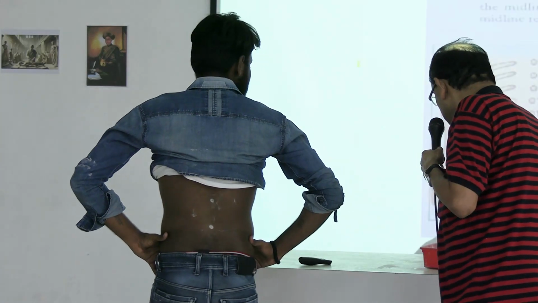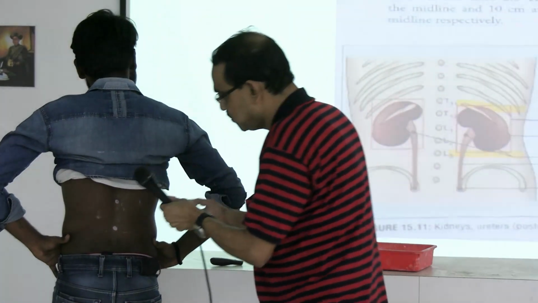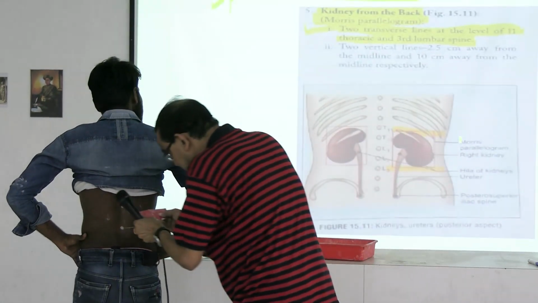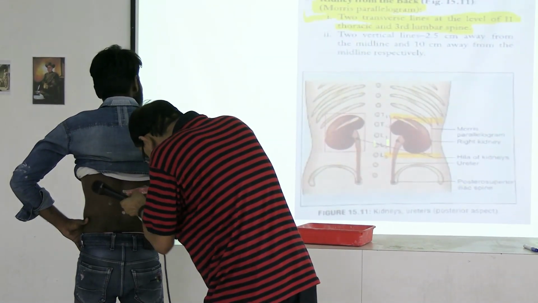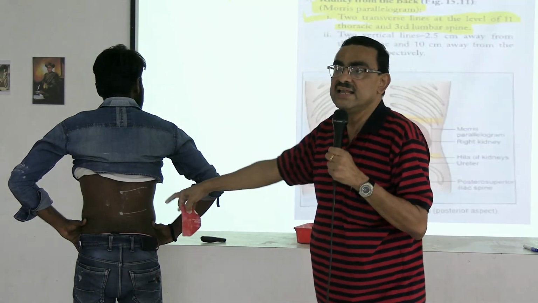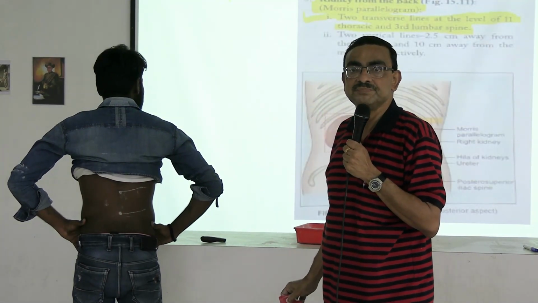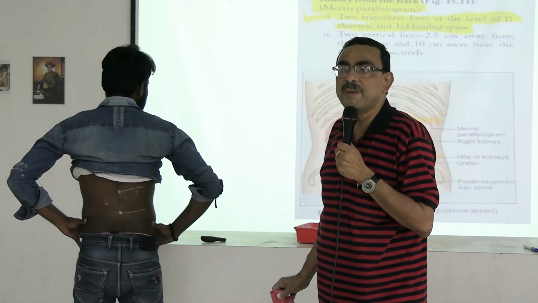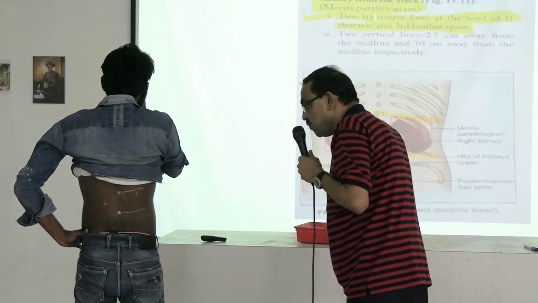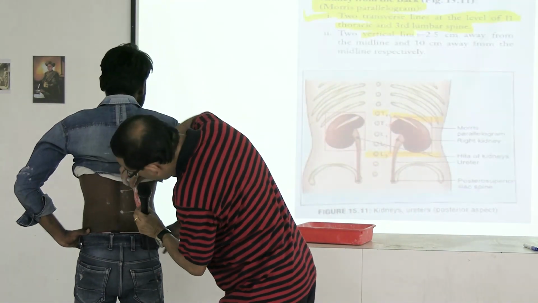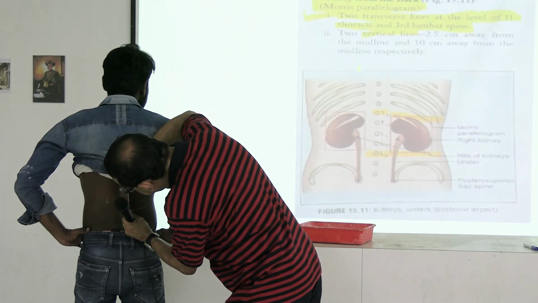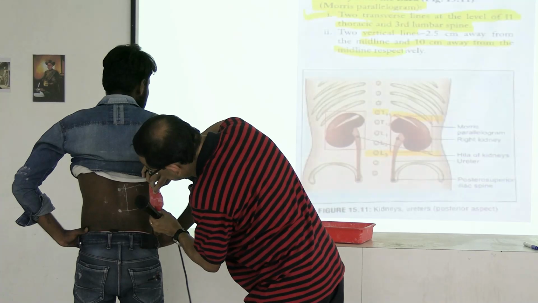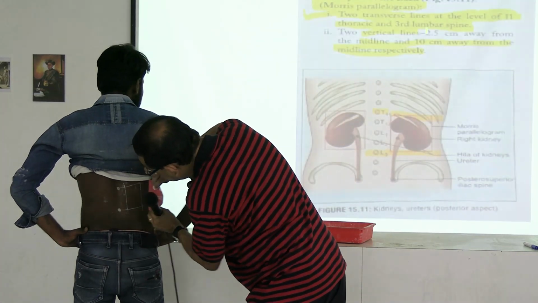We have to draw two parallel lines around this T11 and L3 vertebra, and then draw another two parallel lines. One line is 1 inch away from the midline, and another line is 4 inches away from the midline.